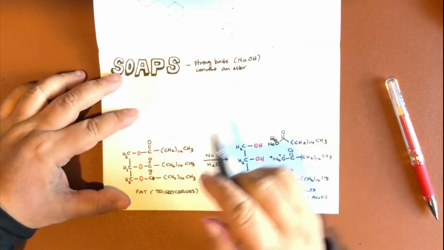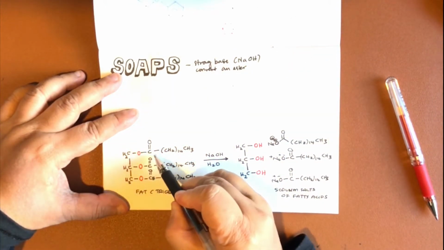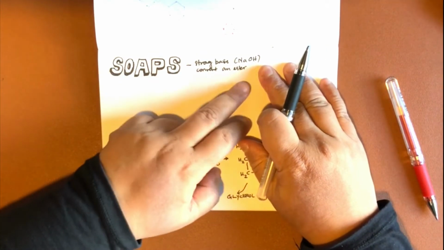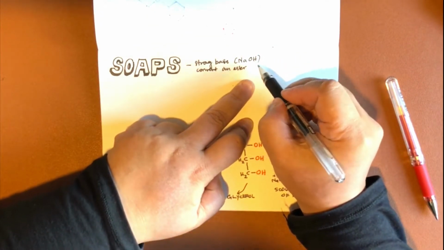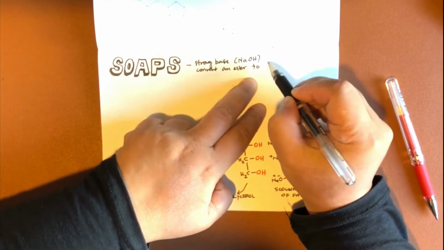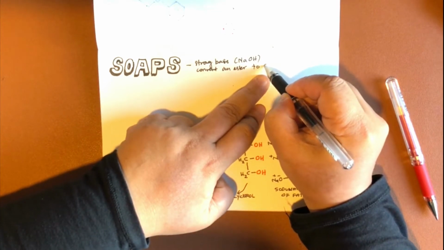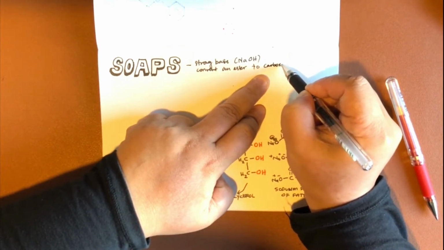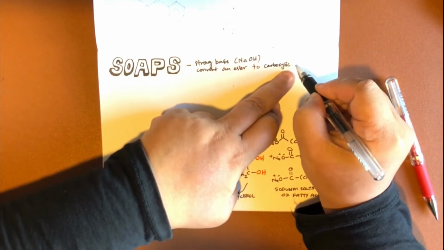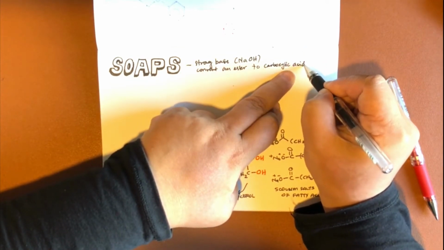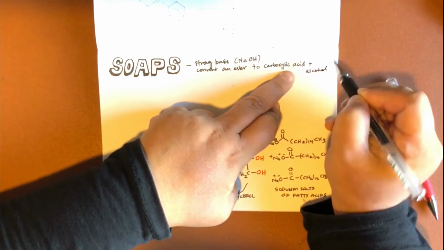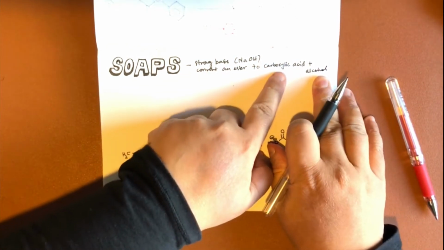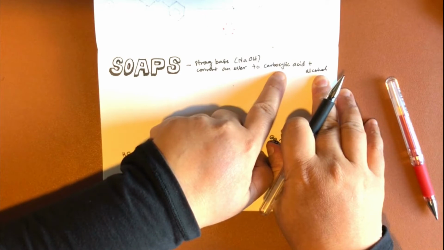This is the ester structure, all right, into two products: carboxylic acid and alcohol.